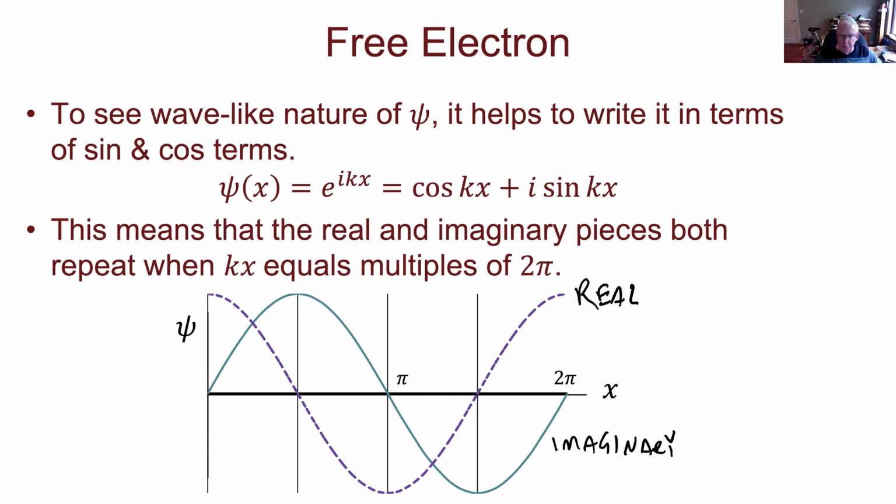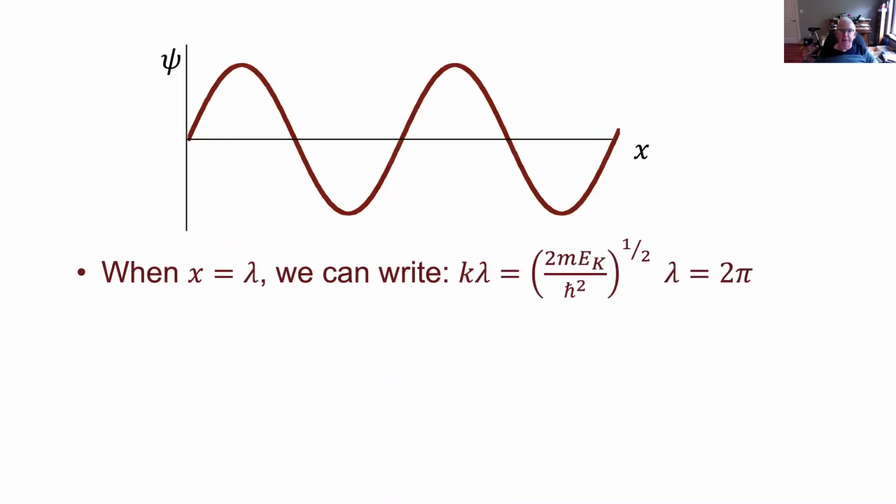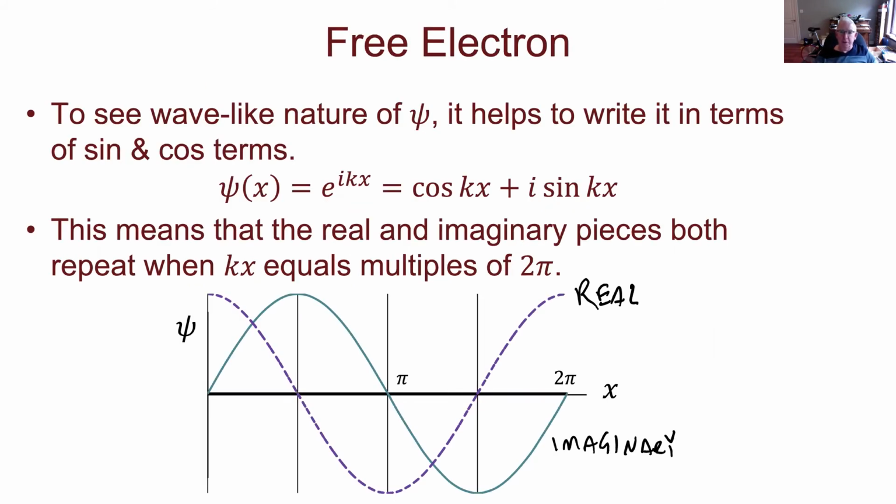If I want to take that periodicity idea a little further, I can say that the wavelength of that thing in both cases has to be 2 pi, because it's the argument of sine and cosine. So if I set x equal to where a wavelength comes, then I know that in my actual function, the argument of the sine function is kx.